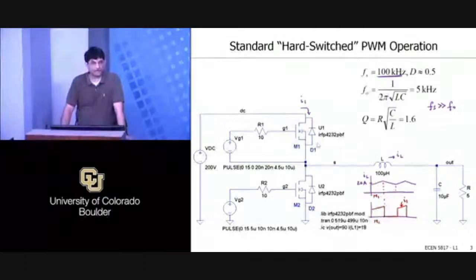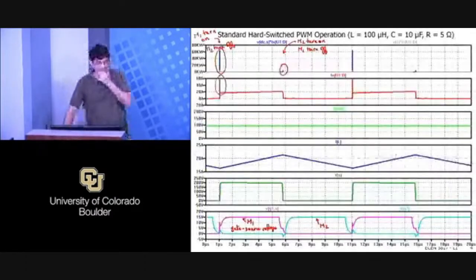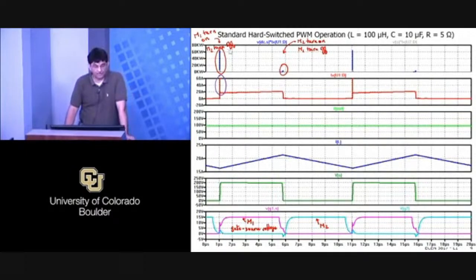In that case, we found that we had large energy going into the M1 device at the time when M1 was turning on and M2 was turning off. And there was also some smaller amount of energy going into the M1 device when M1 was turning off.